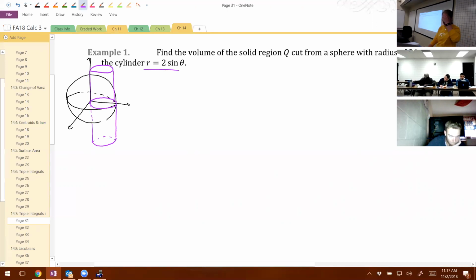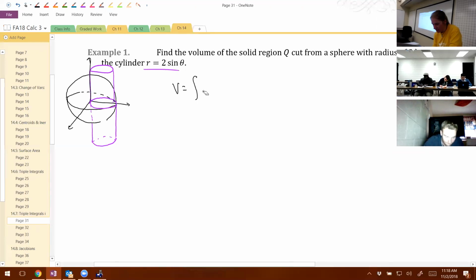Hopefully that's not too bad, but that makes a little bit of sense. So again, you have a ball and you drill a hole down the side of it. It's kind of a weird thing to do. And what we want to find is that piece that we're making on the inside there. So it's going to have a curved-ish top. I'm not going to do that. But we're going to have that weird, I don't know how to even describe it, a cylinder with a very rounded edge on the side of it there. Okay. And that's what we want to find the volume of.